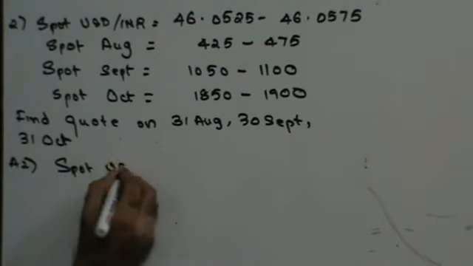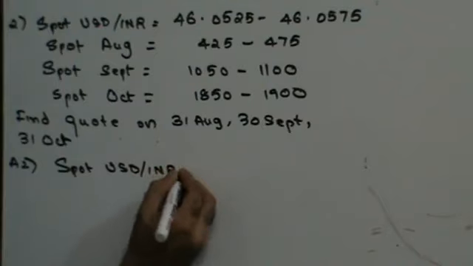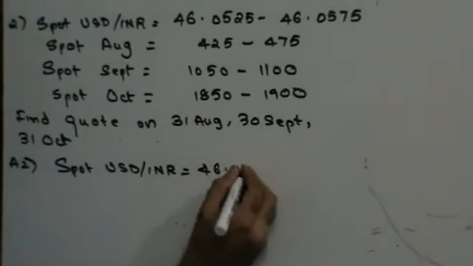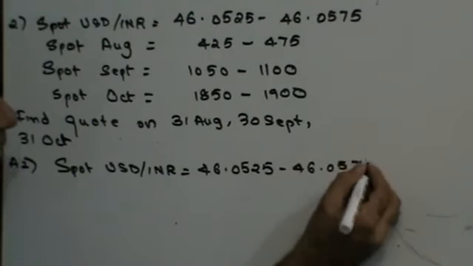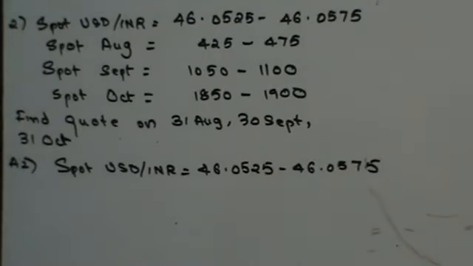Spot USD INR is 46.0525, 46.0575, right? Now let's look at spot August: 425, 475. The swap points are in ascending order. Since the swap points are in ascending order, that means it is premium.